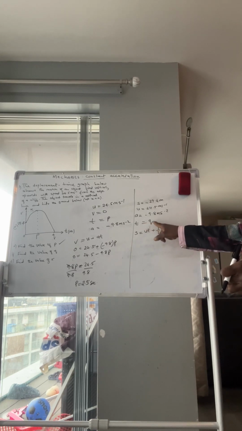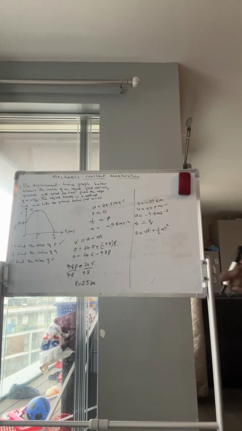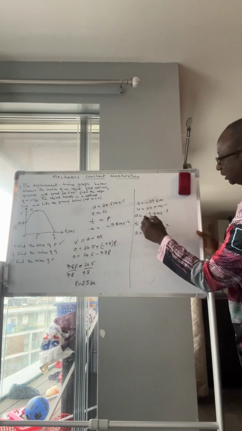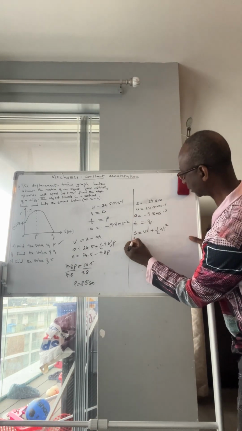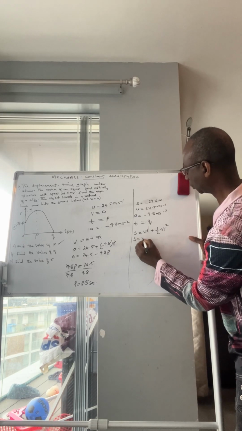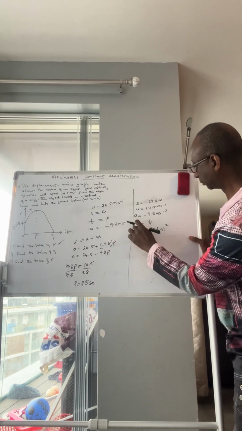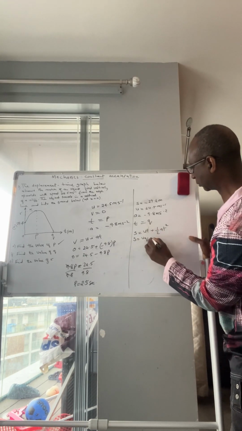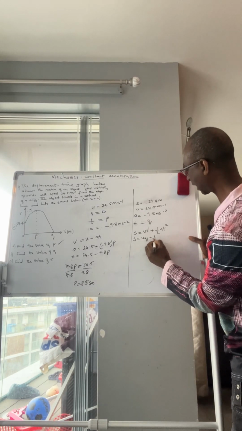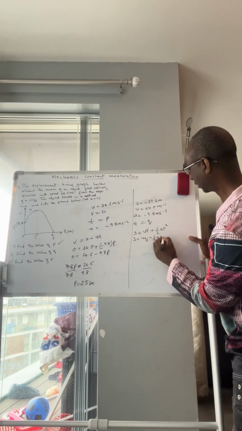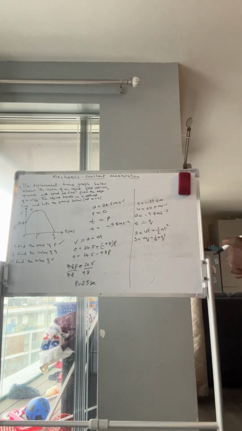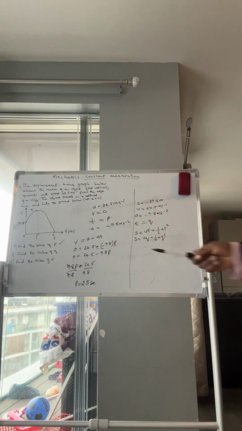T is what we are going to find, Q. So now let's transform it into this Q, which means now it's going to be S equals UQ, because T is Q, what you are trying to find, plus half AQ squared. We are looking for this Q time.